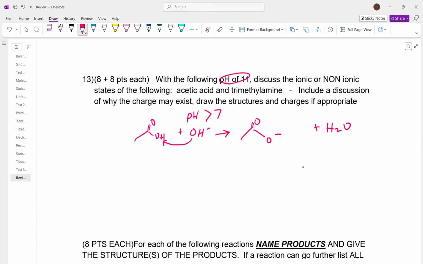And then we have trimethylamine. So this is going to be ionic. Now, if the pH is less than 7, this would be no reaction.